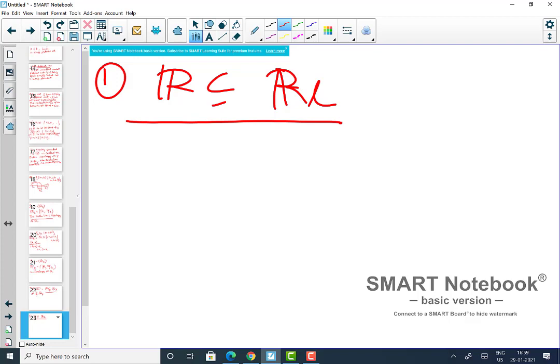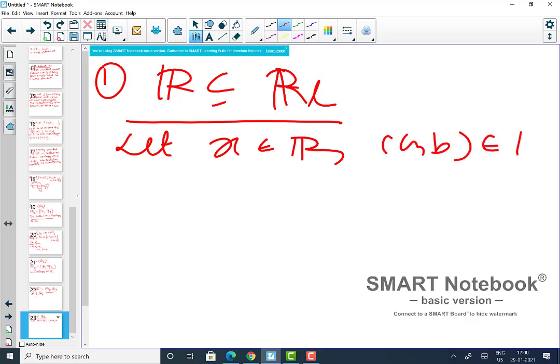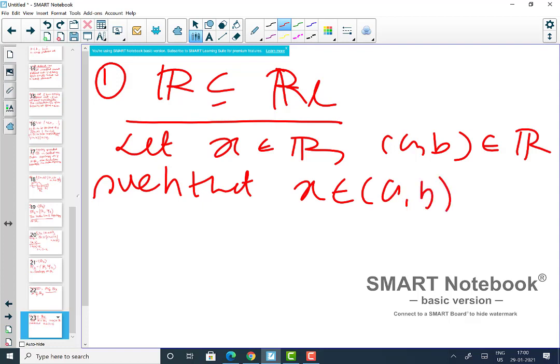Given a basis and a point inside the basis element, you will always find another basis element of the other set which contains that. So for example, X belongs to R and an open interval AB belongs to R such that X is an element of AB. Now can I find a basis element of RL which contains X and which is inside this open interval AB? And the answer is yes.